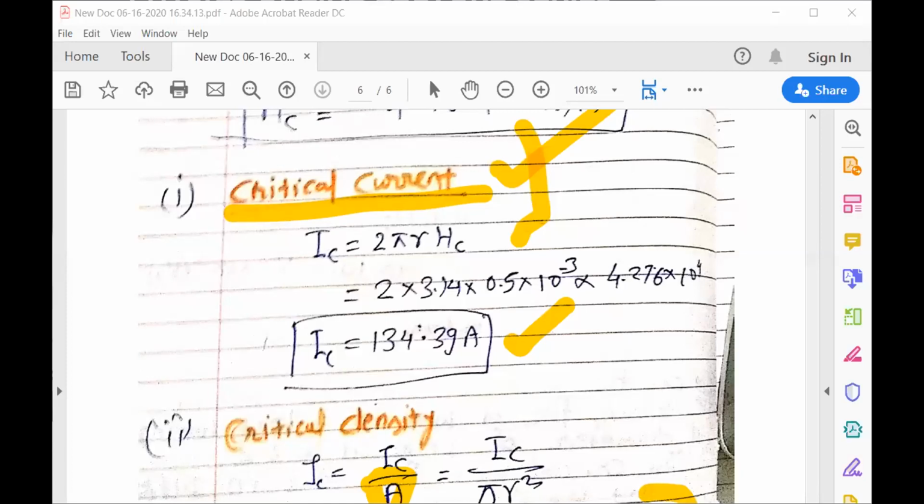So BCS theory is known as the Bardeen, Cooper and Schrieffer theory of superconductors, and it explains the origin of superconductivity.